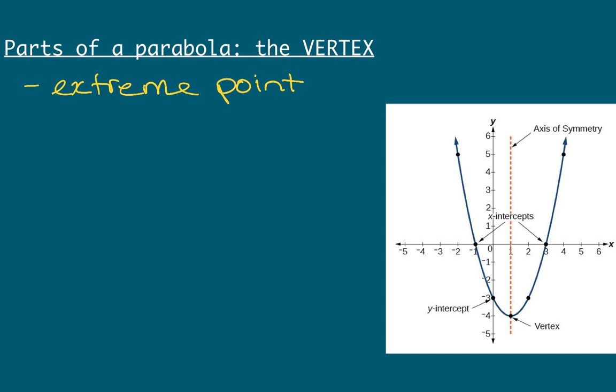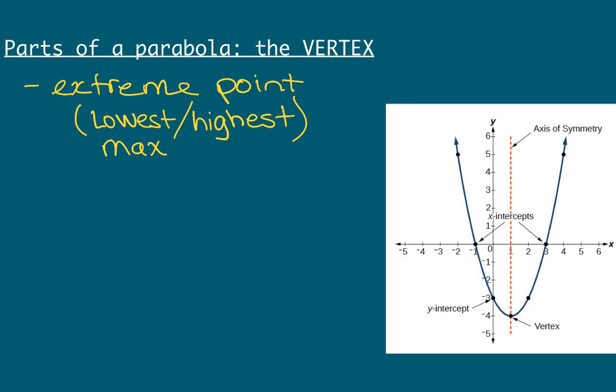It will either be our lowest point or our highest point, and that depends on whether it is a max or a min. So we're either going to see it as a maximum or a minimum point, okay? And that depends on whether we are a graph that is going like this. If it is going like this, then it's going to be at our highest point, and if it's a graph that's going like this, it's going to be our lowest point. So that is why it is our extreme point.